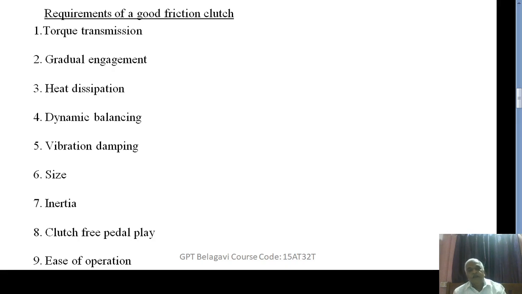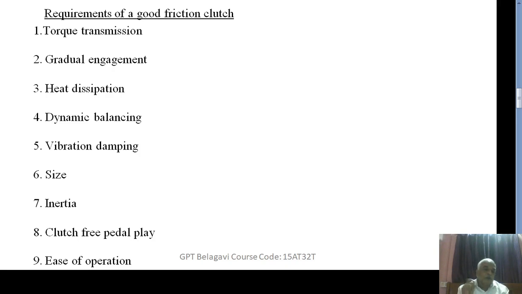Then the last one, the ease of operation. The ease of operation also plays a very important role, because especially for heavy transport vehicles, if the operation is more difficult, then at the end of the day the driver becomes fatigued, because every time he has to put more effort for disengagement, and while driving we operate the clutch many times.